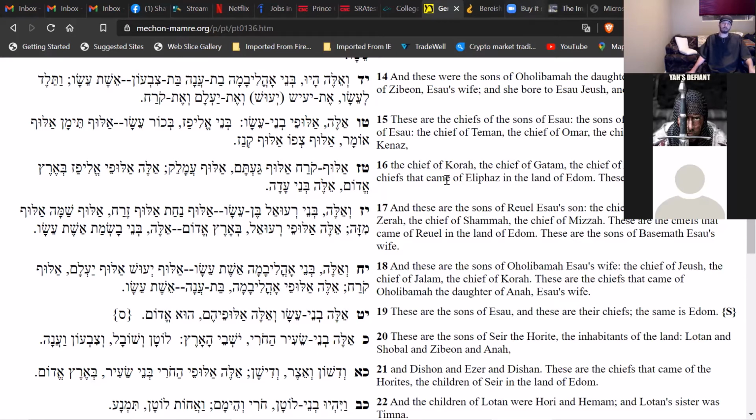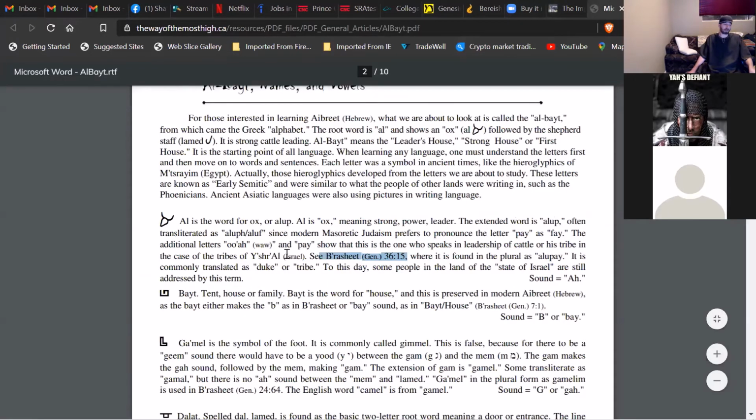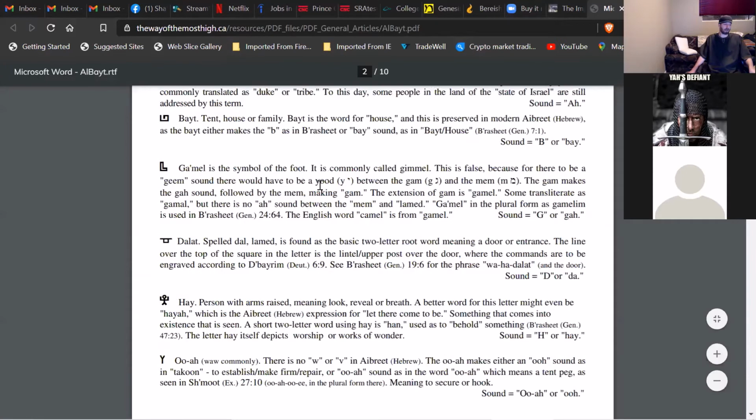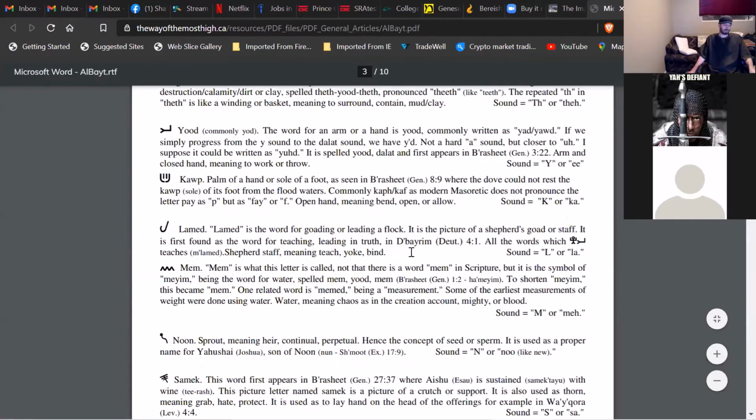And we'll go also to the letter Lamed, as we've covered the letter Al. But Lamed is connected to the Al, of course. And that's your picture of the shepherd's staff leading a flock. So we'll just cover that one real quick as well, in Deuteronomy chapter 4, verse 1.